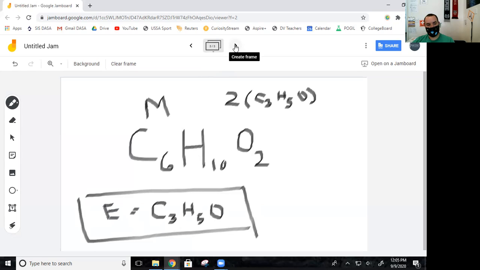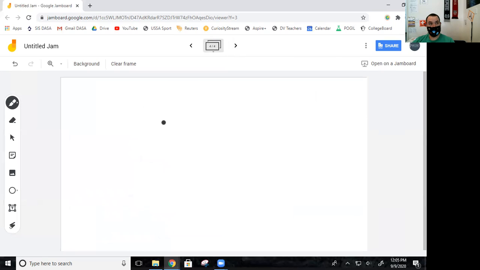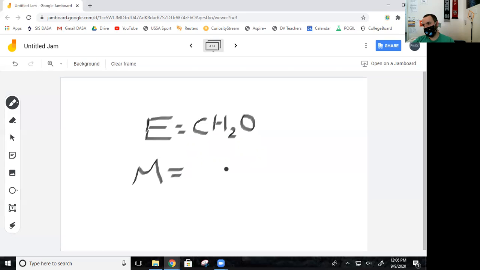Now, what if I give you an empirical formula? And I say the empirical formula is H2O. Could you give me a molecular formula for that? Any molecular formula or a specific one? Could you give me the molecular formula for this molecule?